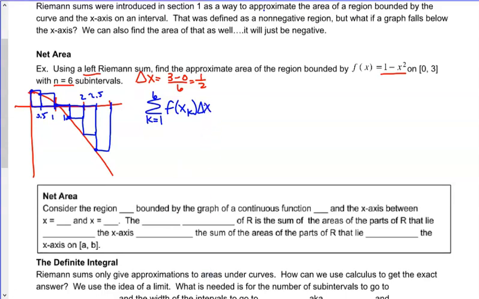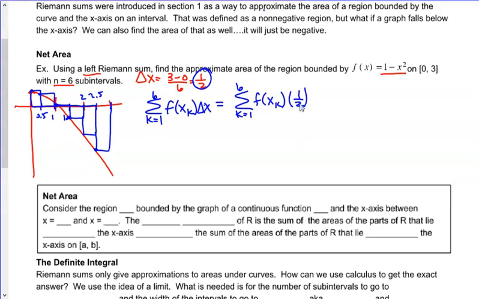The function value is the height, the delta x is my width of the rectangle. We're multiplying those so that we can find the area of that rectangle. Now at this point, I'm going to put in what delta x is. I found out what delta x is. It's a half. So you can write a half, or 0.5 if you want.